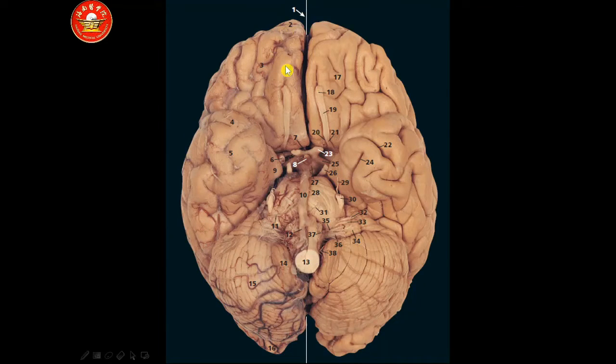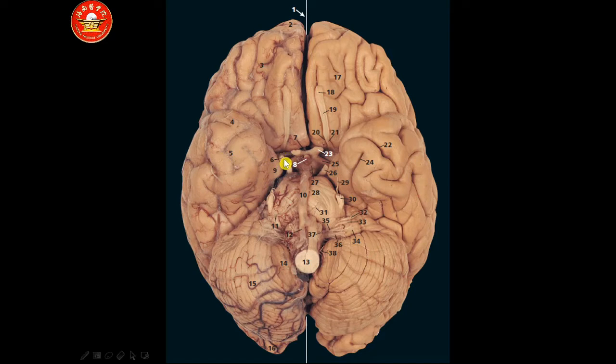Number 2 is representing the frontal pole. Number 3 is representing the inferior surface of the frontal pole. Number 4 is representing the temporal pole. Number 5 is representing the inferior surface of the temporal pole.